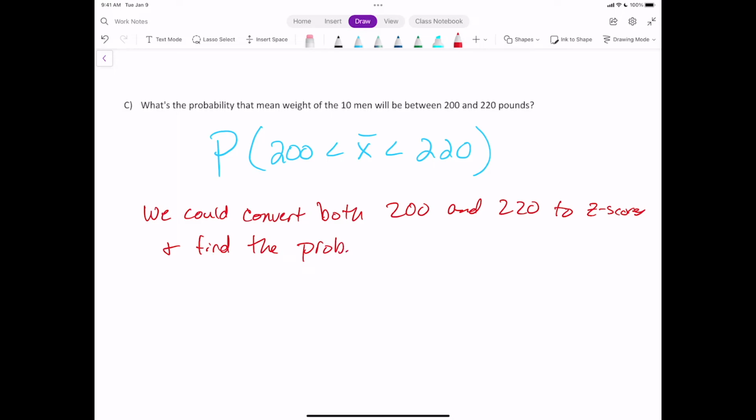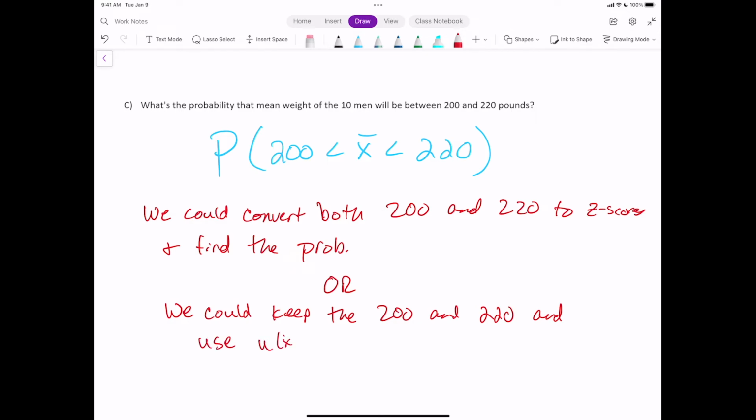But I'm just going to do the shortcut. We could keep the 200 and 220 and use our mean X bar being 190 and our standard deviation being 18.657.